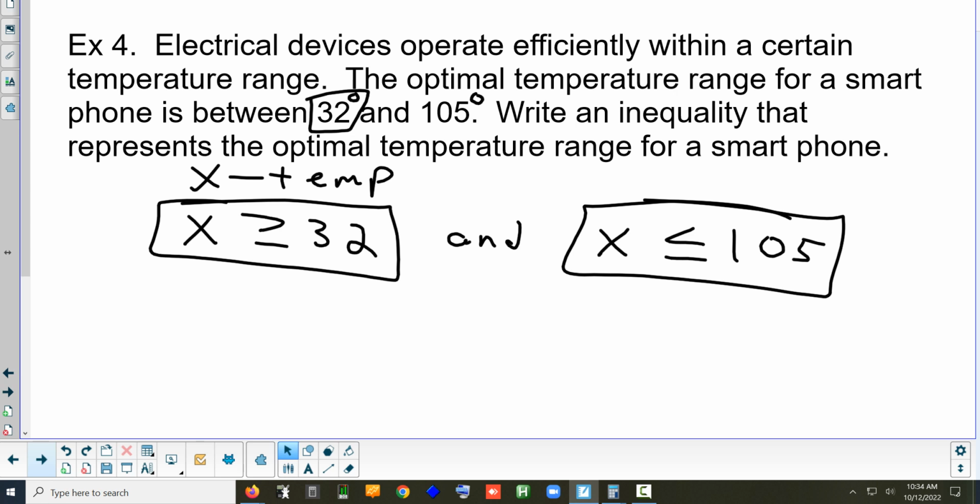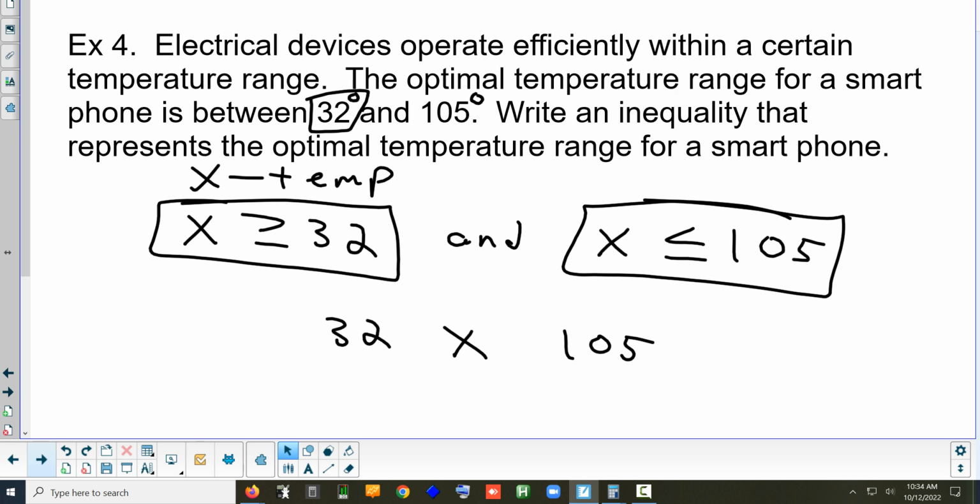Start with what? Yeah? Put the variable in the middle. What's going to go on the left? Yeah? 32. Good. What goes on the right? 105. And which way should my inequality symbols point? Caleb?